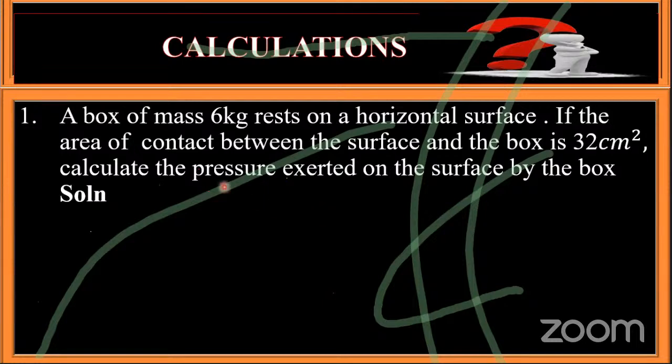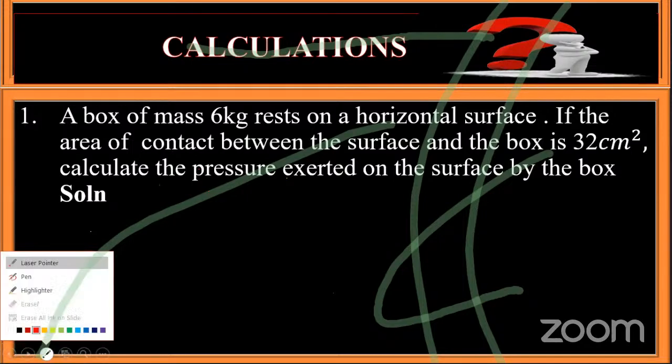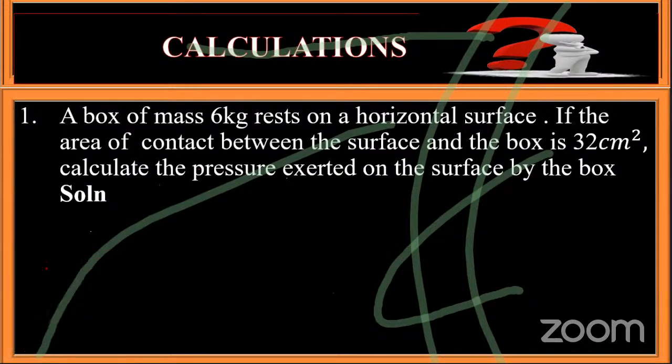They want us to calculate the pressure exerted on the surface by the box. For pressure, we need to know the force and the area. We divide the two, not so?